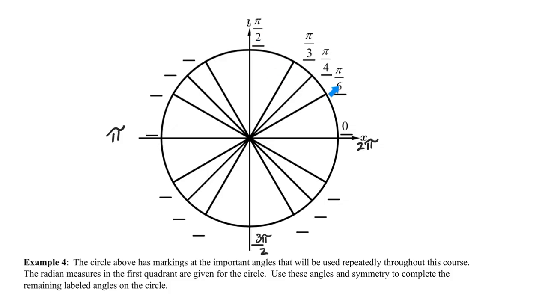Can 2 go into 6? So I'm going to move around this circle, hitting those lines, which means I'm going to skip this line, this line, this line, and this line. Why am I skipping those? Well, because 4 doesn't go into 6, so it's not going to work out for me.